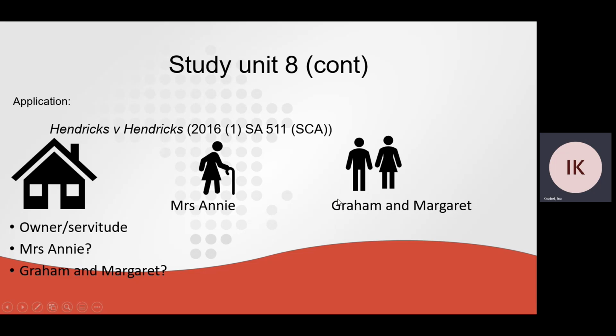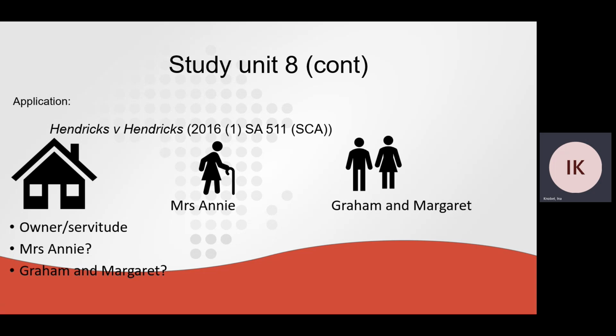I think one way of making really sure that you understand this classification is if you go and look at one of your prescribed cases, the Hendricks case. Remember, if I can just quickly mention, all cases that we refer to in the study guide must be studied to the extent that they are referred to in the guide.